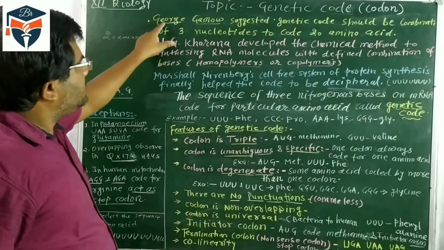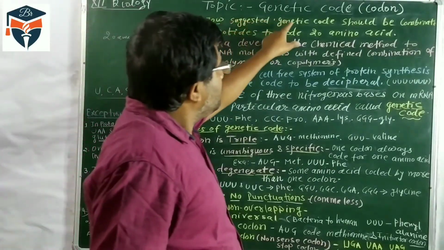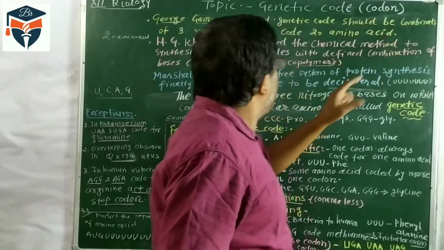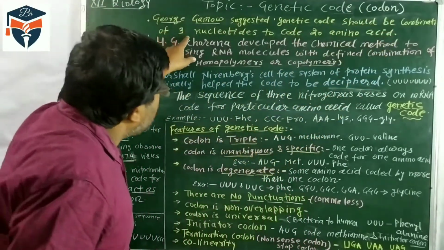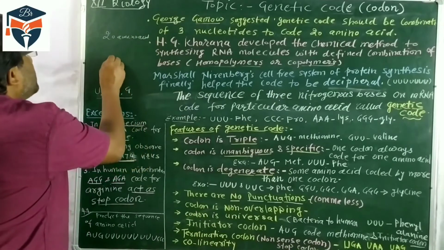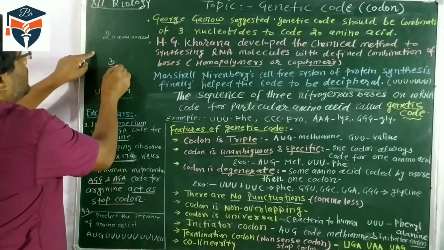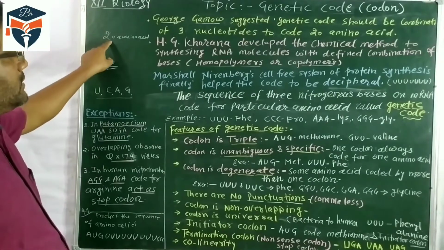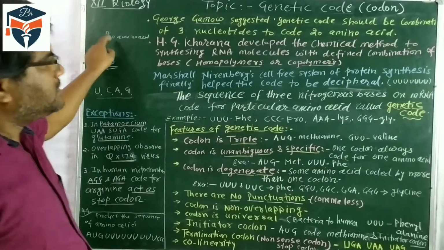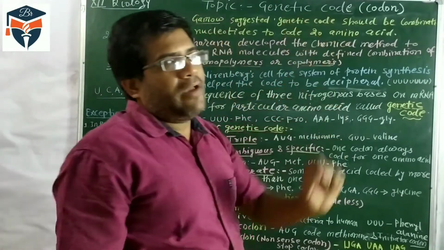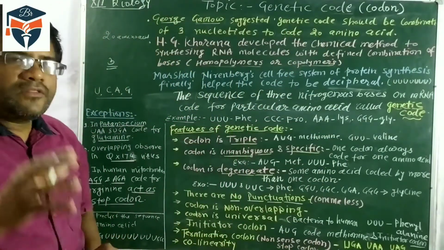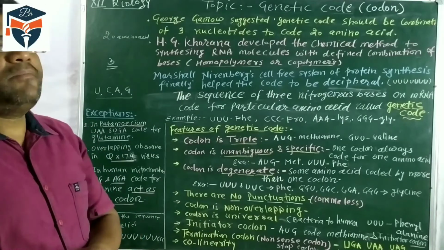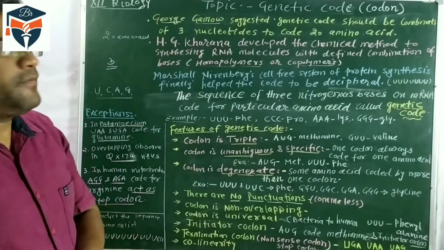So George Gamow suggested that the genetic codon should be a combination of 3 nucleotides. These 3 nucleotides help in the formation of the 20 amino acids.